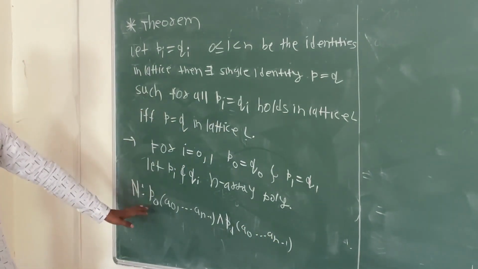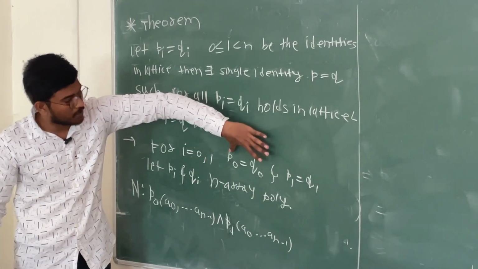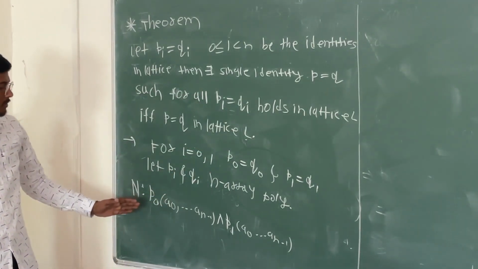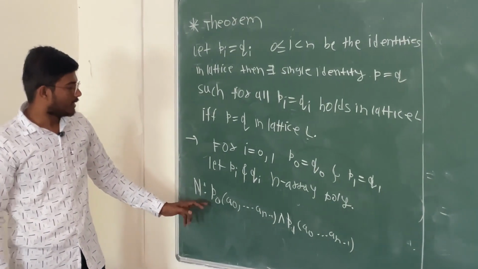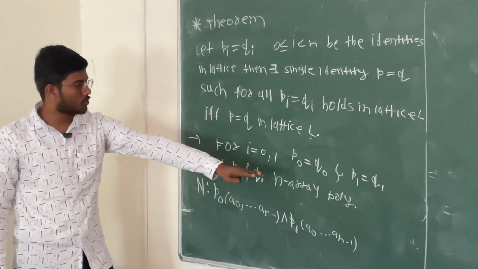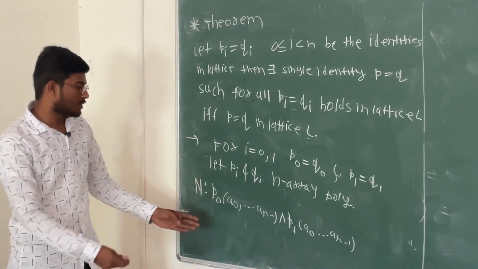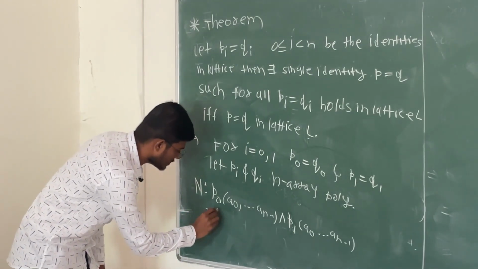We are taking the combination of this p0 and p1, and denote it as some n. Now we know that p0 is equal to q0 and p1 is equal to q1. So we are taking it as equal.